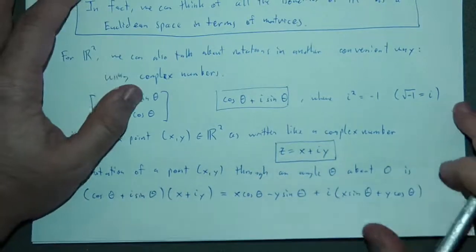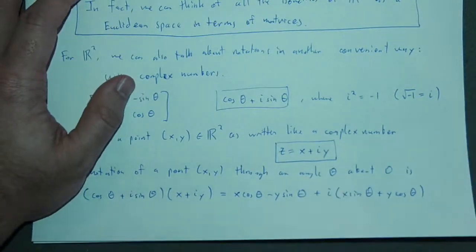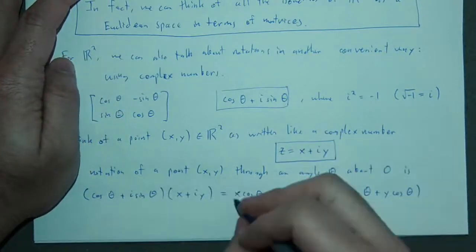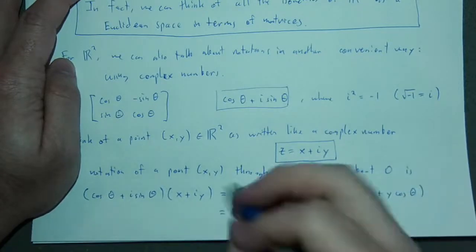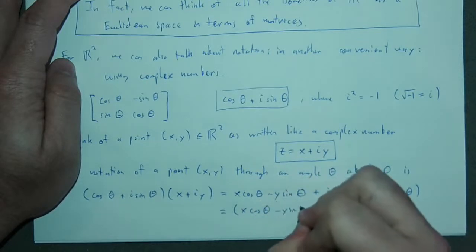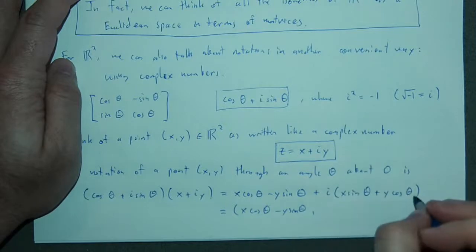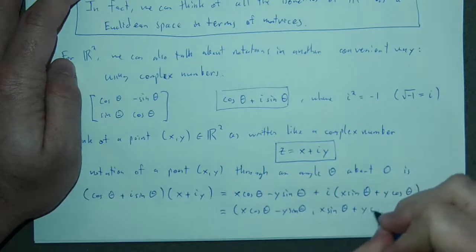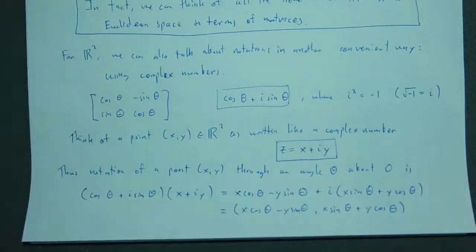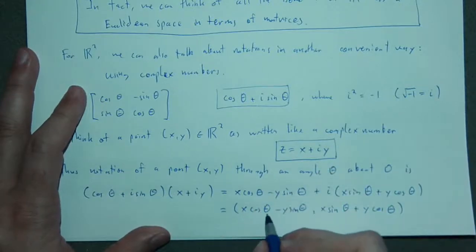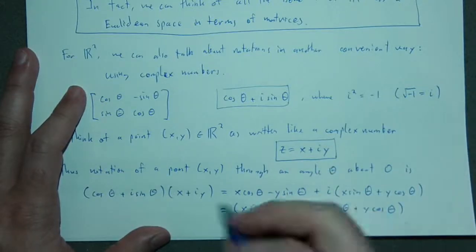But notice what happens when I do this. If I were to write this as an ordered pair, what ordered pair would this be? It would be the ordered pair x cosine theta minus y sine theta, and in the second slot would be x sine theta plus y cosine theta. Now you can either notice that this is the exact same generic vector you get when multiplying by this matrix, or even going back to the thing we did before, if I replace cosine theta with c and sine theta with s, what do I get here?